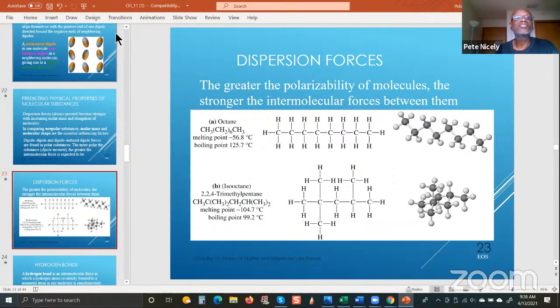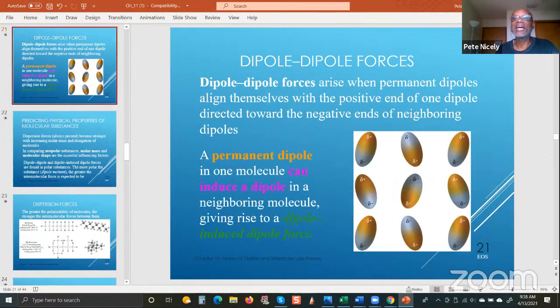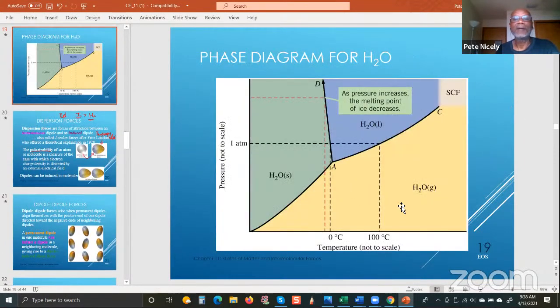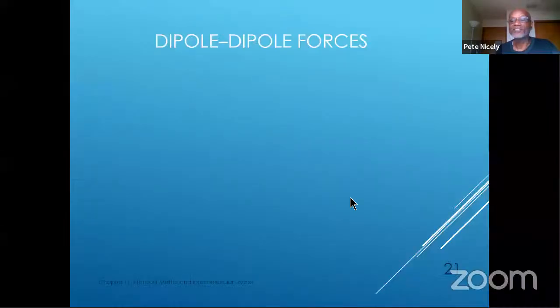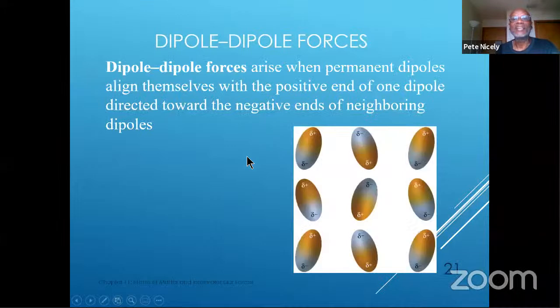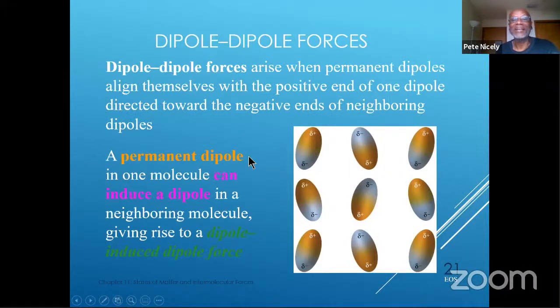Okay, yes. So let me talk about the next type of intermolecular force. That would be the force of attraction that would exist between permanent dipoles, all right? So we're talking about molecules like, for example, formaldehyde, which has this Lewis structure here. This is a polar molecule.